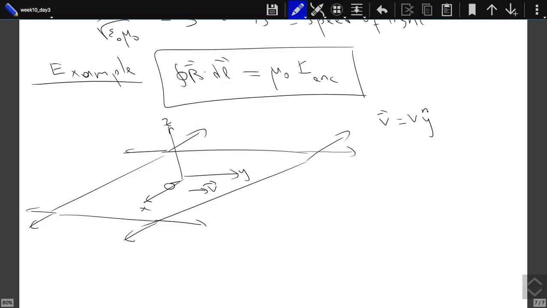Now, first question, is this a magnetostatic problem? V is constant. If V is much smaller than the speed of light, or if it is much larger, comparable to the speed of light, the sigma is constant.